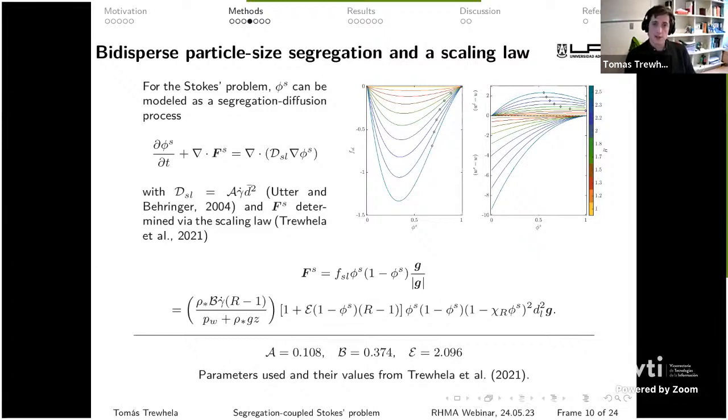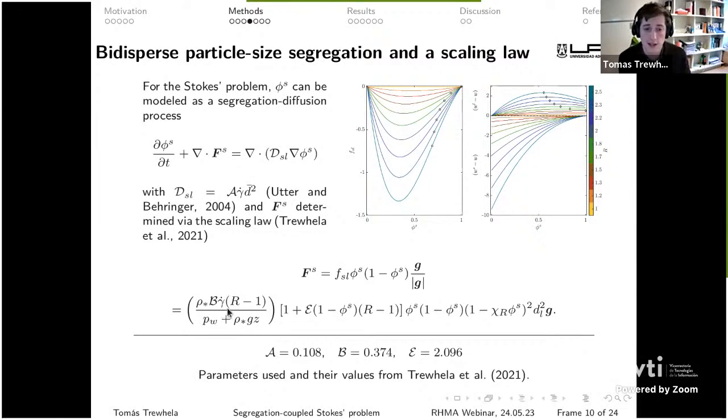Now, for the bidispersed particle size segregation, I already explained a bit how this works. Here I manipulated a little bit the expression for the segregation flux function with the parameters that I used in a previous work of mine. These are experimental constants that feed into this scaling law. Here you see the pressure, here is the shear rate, and the rest are merely parameters and the variable that is phi s.